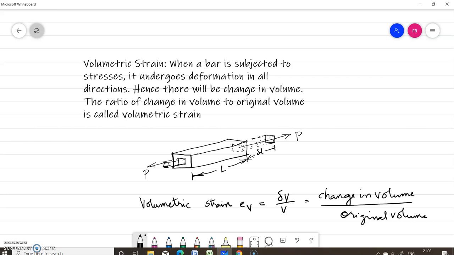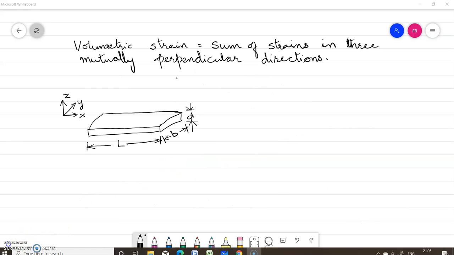So we can show that the volumetric strain is the sum of strains in three mutually perpendicular directions. If EV is the volumetric strain, this can be written as EX plus EY plus EZ.